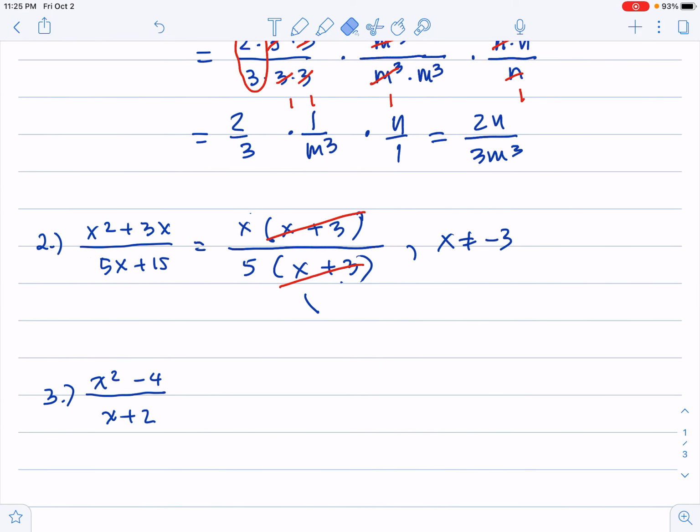And you can only cancel if the denominator is not equal to 0, no? So madalas sa mga books nakakaligtaan yan, pero technically, dapat pag nag-cancel ka na ng dalawang expressions or more than one expressions even, dapat i-exclude mo the number that will make the denominator 0. So ang pinakasagot nito ay x over 5, x not equal to negative 3.